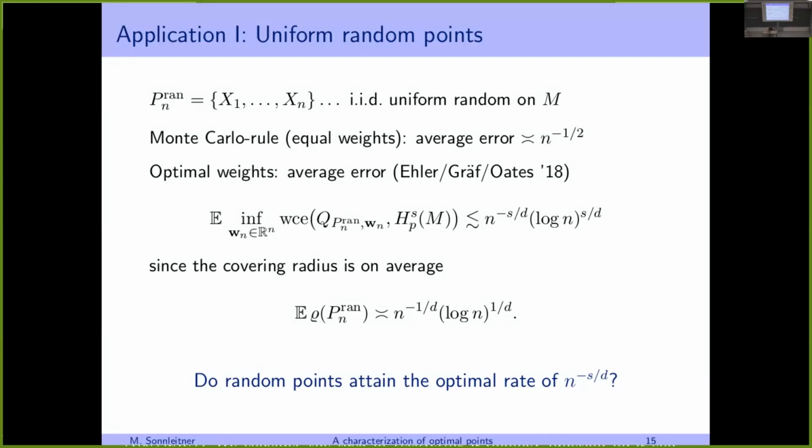So here we have a suboptimal bound, and it would be interesting to know if random points attain, in fact, the optimal rate n^{-s/d}. And Ehler, Gräf and Oates also stated such a question.